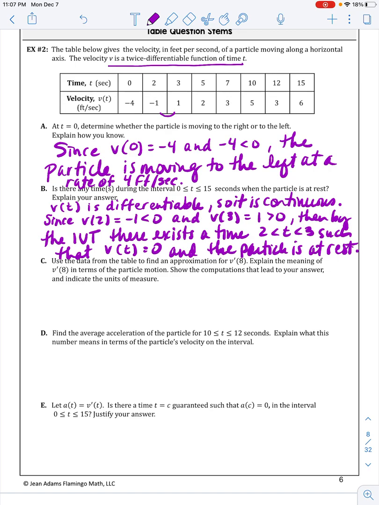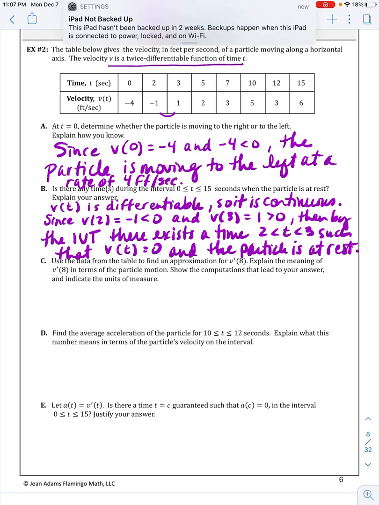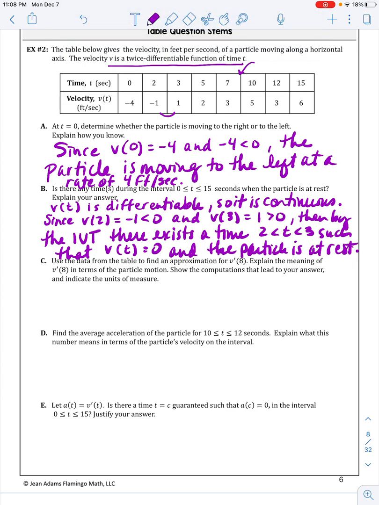All right, part C, use the data from the table to find an approximation for v prime of 8. Explain the meaning of v prime of 8 in terms of the particle motion. Show the computations that lead to your answer and indicate the units of measure. So since we don't have a value at 8, we have 7 and we have 10. So 8 lies right between there. So we're going to be using these two to do an approximation.